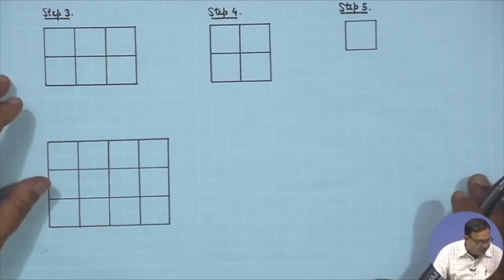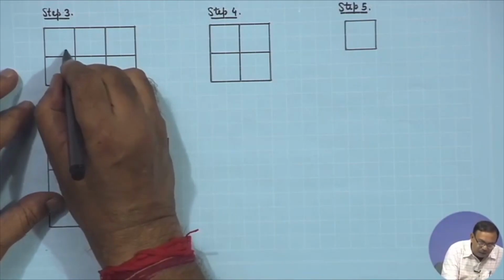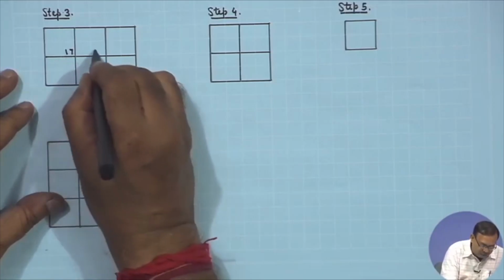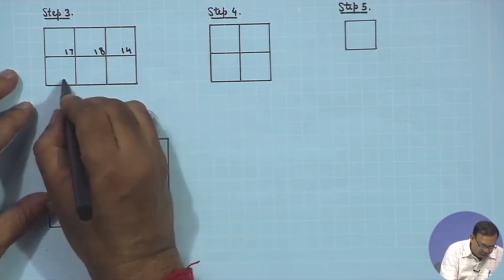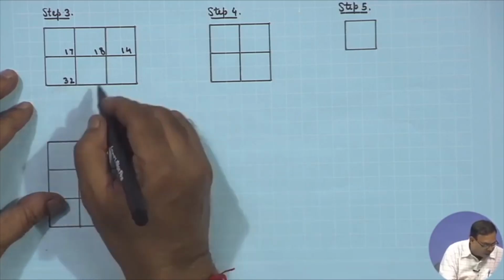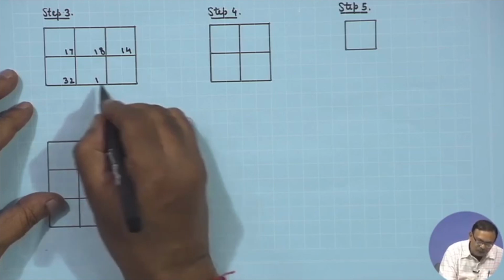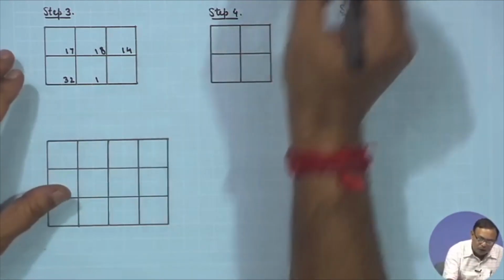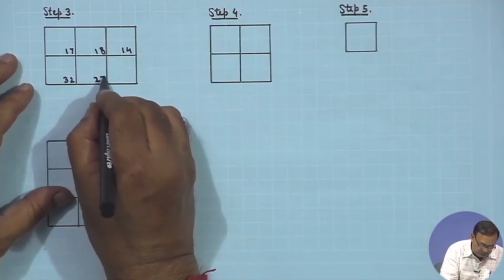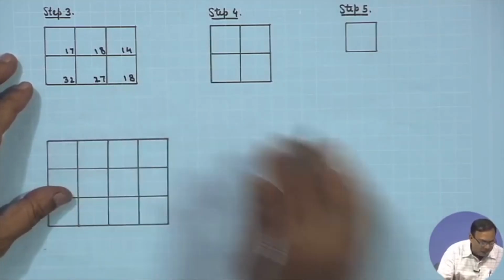So, your second table becomes 17, 18 and 14, and then you are having 32, 27 (sorry, it is 27) and 18.